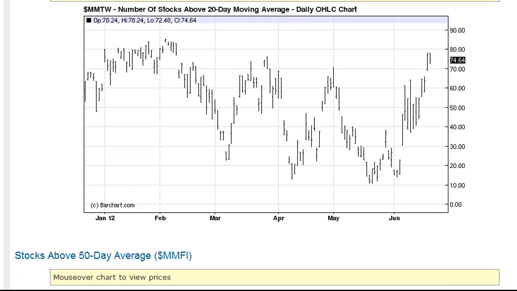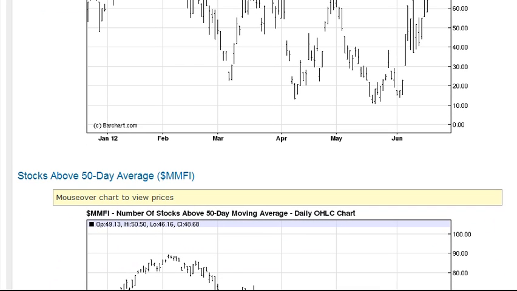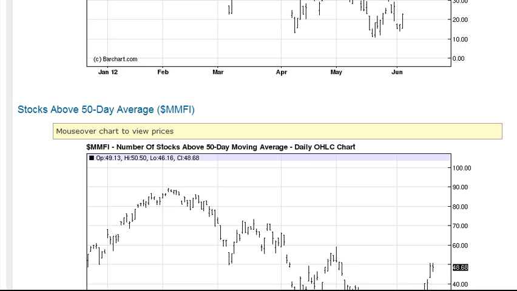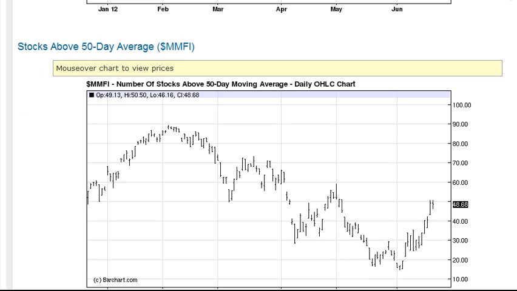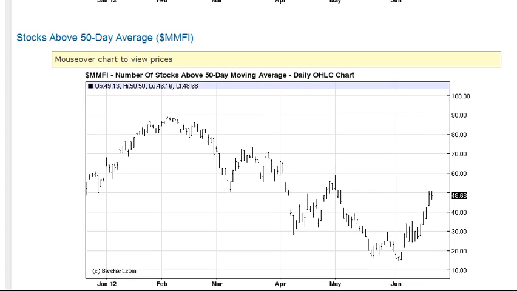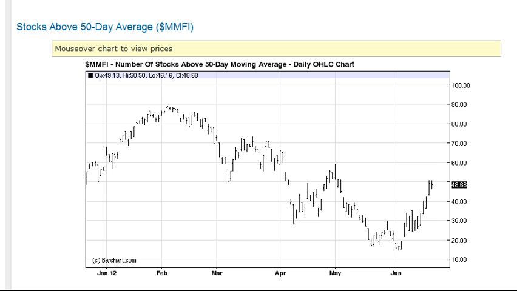One other chart to look at is the stocks trading above their 50-day moving average. And just looking at this chart here, you can see overall it's been trending down. Even though the stocks have had a pretty strong rally, fewer and fewer stocks are trading above their 50-day moving average.